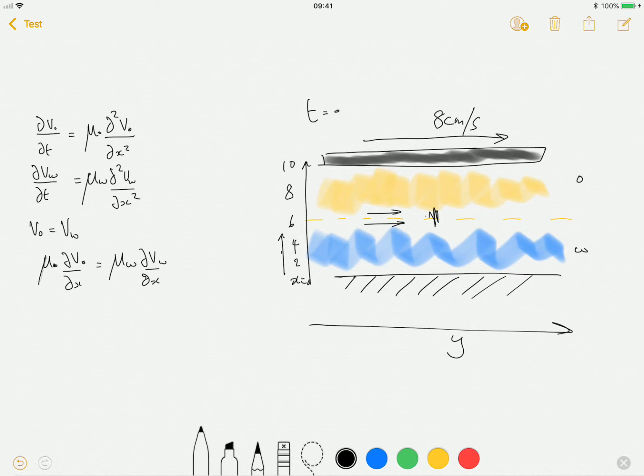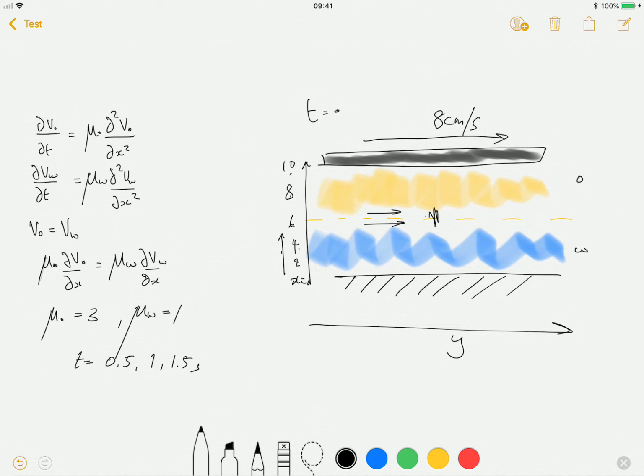Okay, and the dynamic viscosity of oil is 3, and the dynamic viscosity of water is 1. Okay, and we want to calculate the velocity at time equals 0.5, 1 and 1.5 seconds, for the x values of 2, 4, 6, 8, and 10.